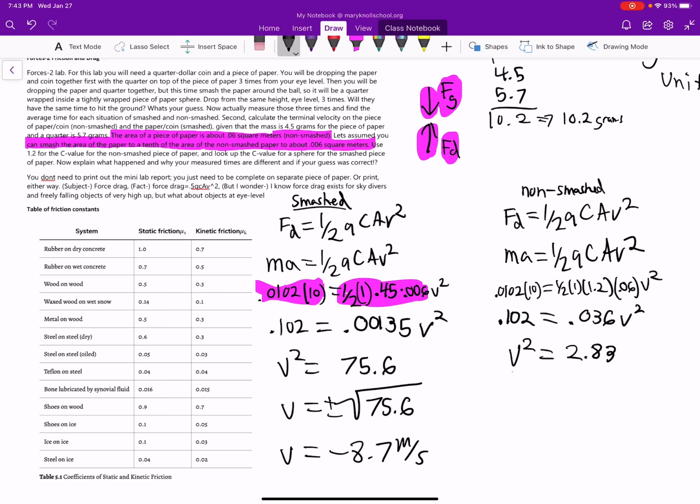Take the square root. And I get 1.68. And remember that should be negative and meters per second.